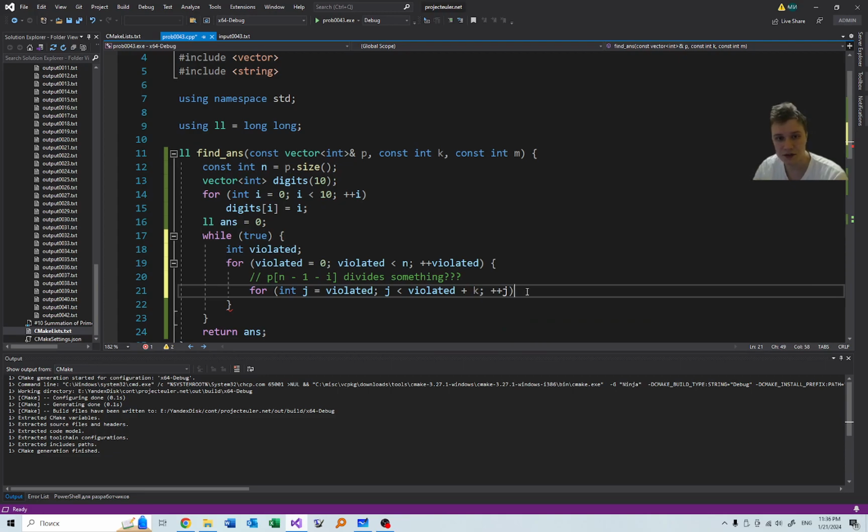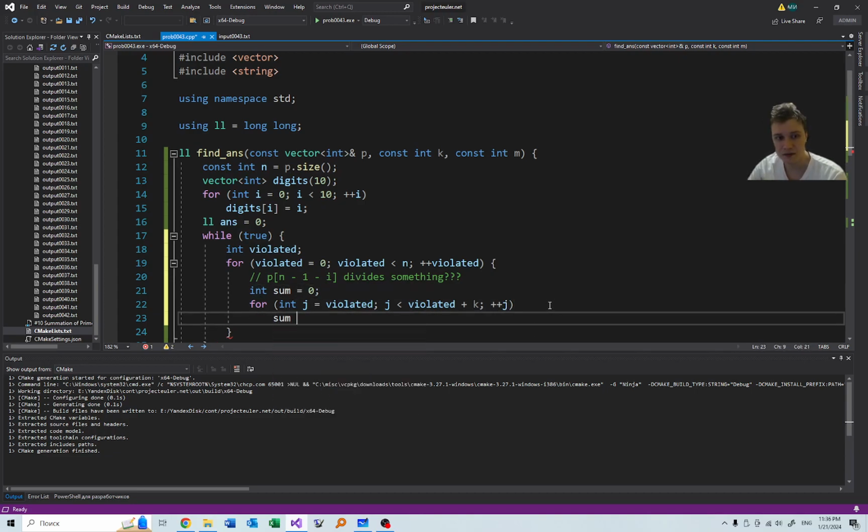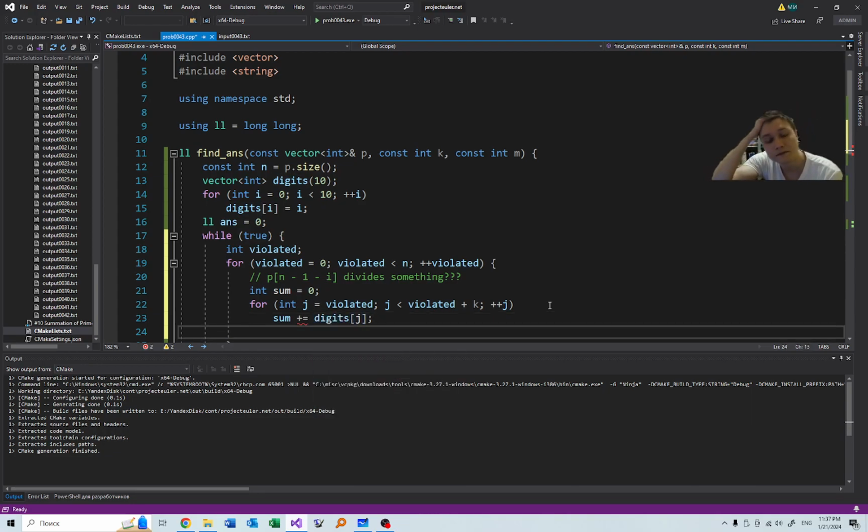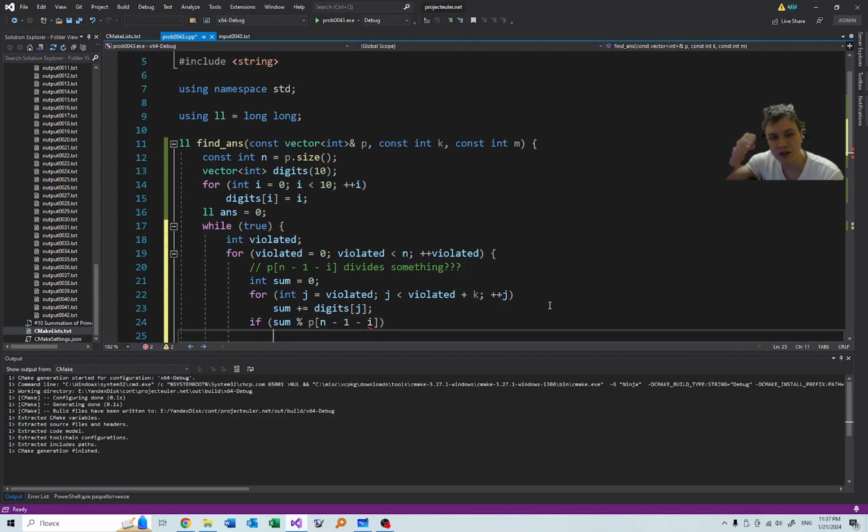And we need to take sum plus equals digits j. Now if sum is not divisible by this prime, then we have to break.